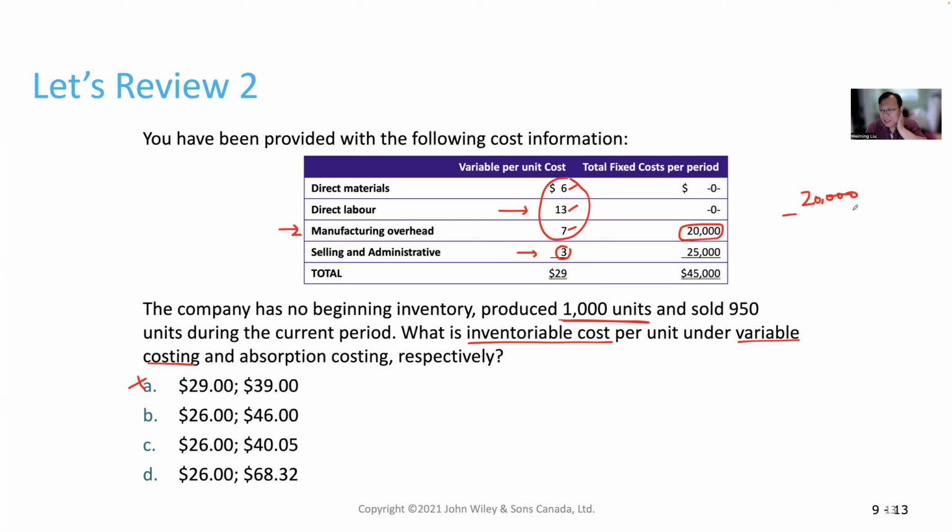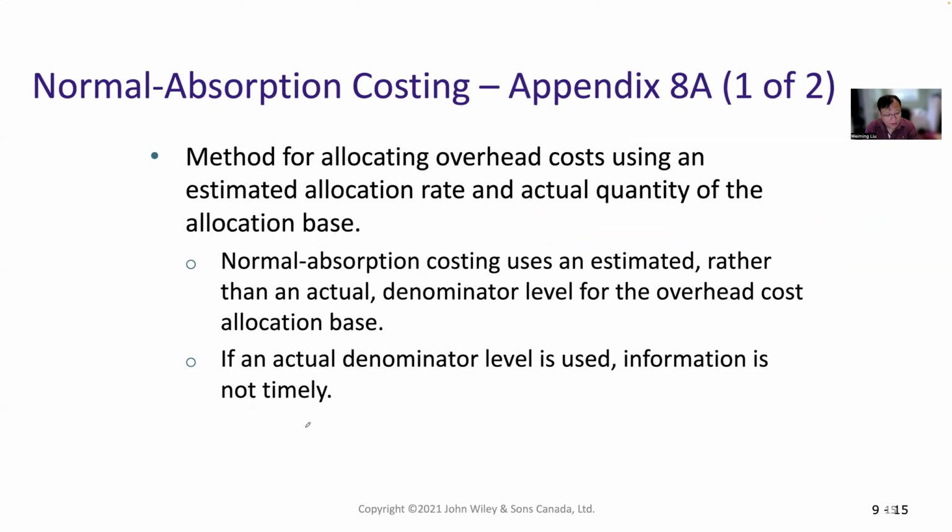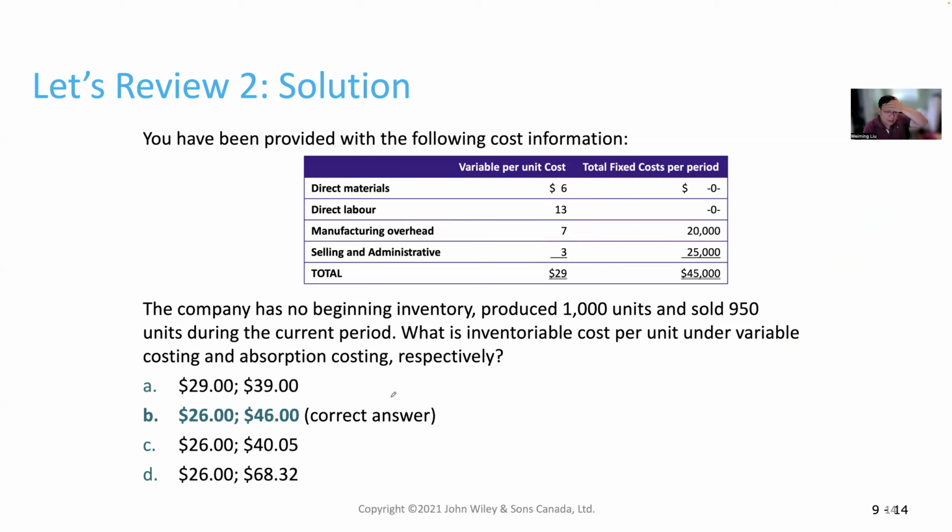I need to allocate this among 1,000 units produced. So for each unit produced, the fixed manufacturing overhead cost is $20 per unit. So that's why I have 26 plus 20, which is 46. So the answer is the second.